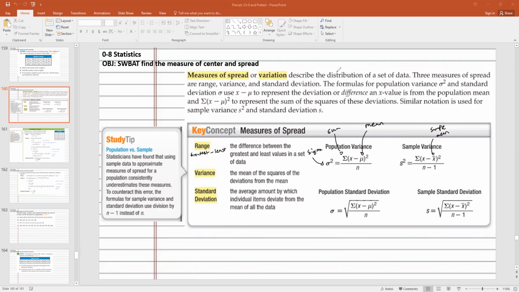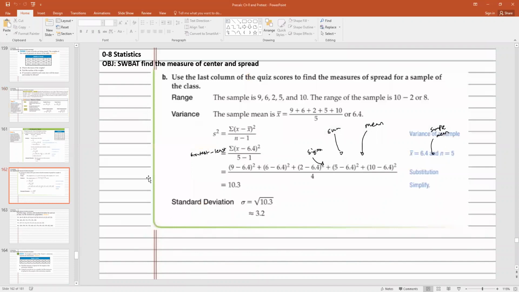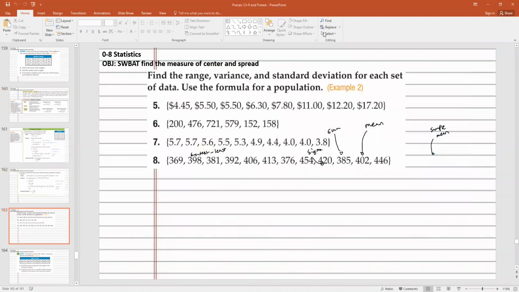All right, let's look at some problems. Put that one up on the notes first, though. All right. So let's look at this one.